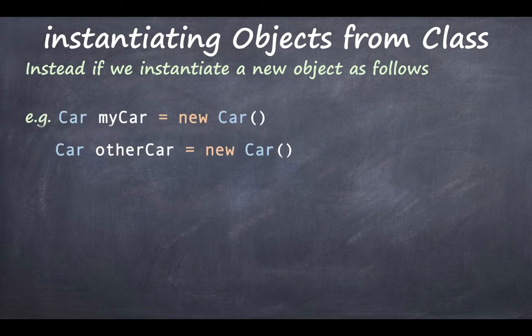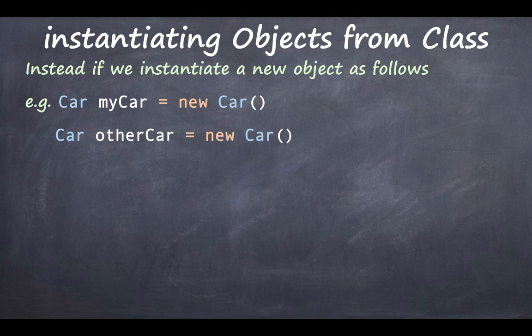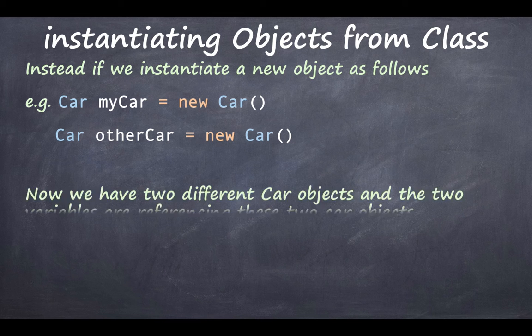Instead of doing that, had we done this, we would have created myCar equal to new Car and otherCar equal to new Car. In this case, the compiler would have created two independent objects of type Car and added references to those two independent variables, myCar and otherCar. So myCar is pointing to one object and otherCar is pointing to a different object.